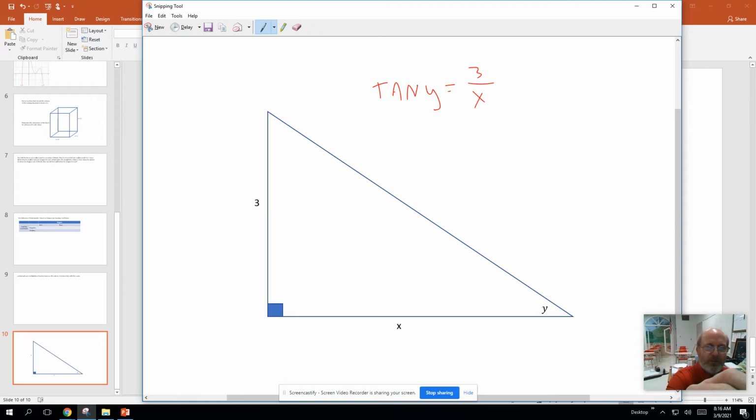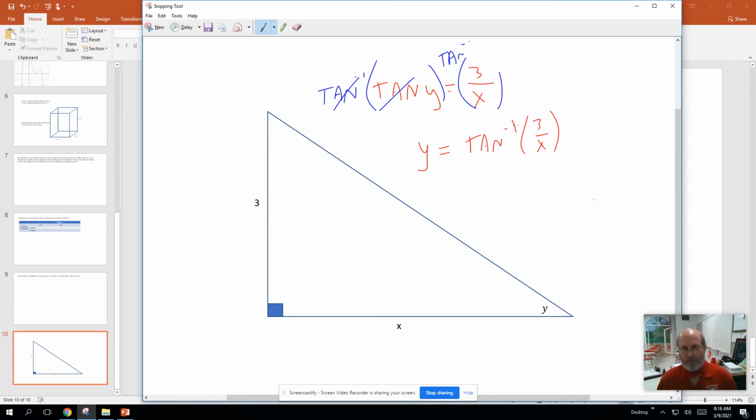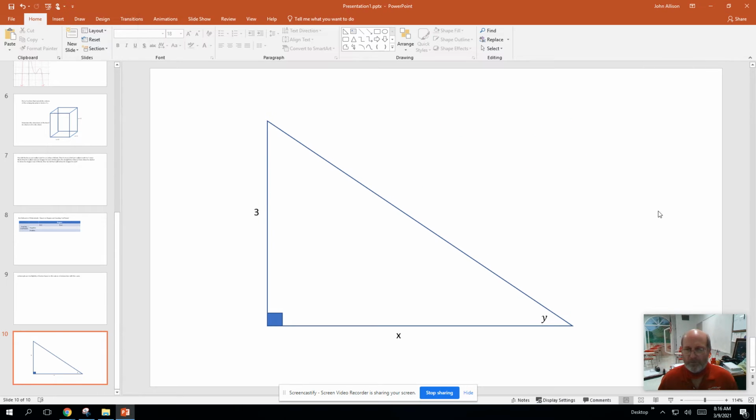When I take the tangent inverse of the left side, it cancels the tangent, and I end up with y equals tangent inverse of 3 over x. And recall that an inverse trig function gives you an angle. So this is the function that I would be writing to get the angle y as a function of x.